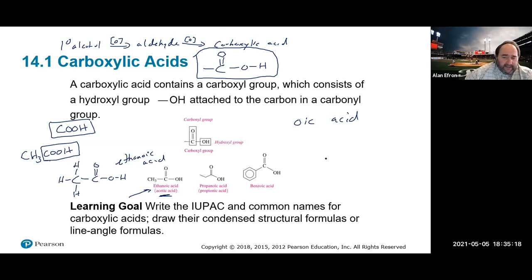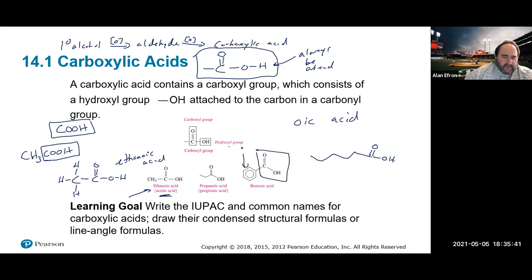Propanoic acid, again, in our line structure way here, that carboxylic acid group will be at the end. So much like our aldehyde group, this group will always be at the end. And here, as you can imagine, that is our carboxylic acid group.